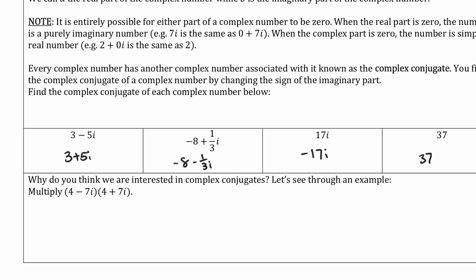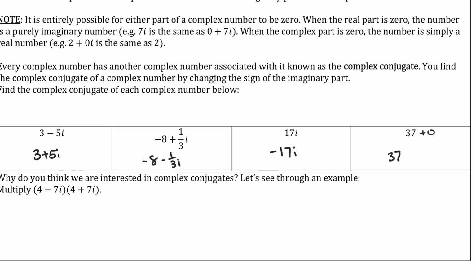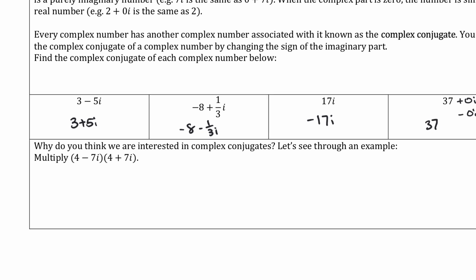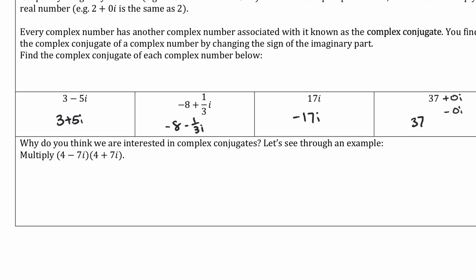So really that's 37 plus 0i. So 37 minus 0i doesn't really change anything. So for real values where they don't have an imaginary part, when you find the conjugate, it won't matter because it doesn't have an i piece to it.